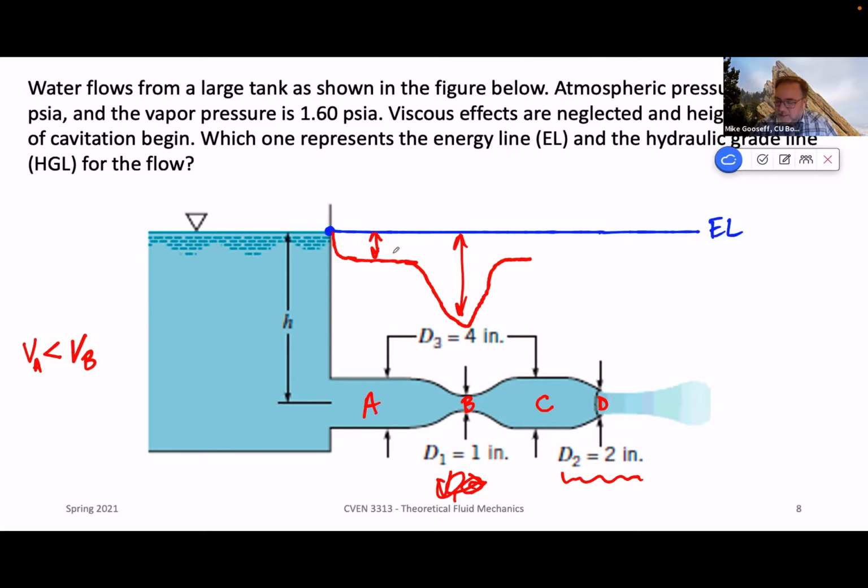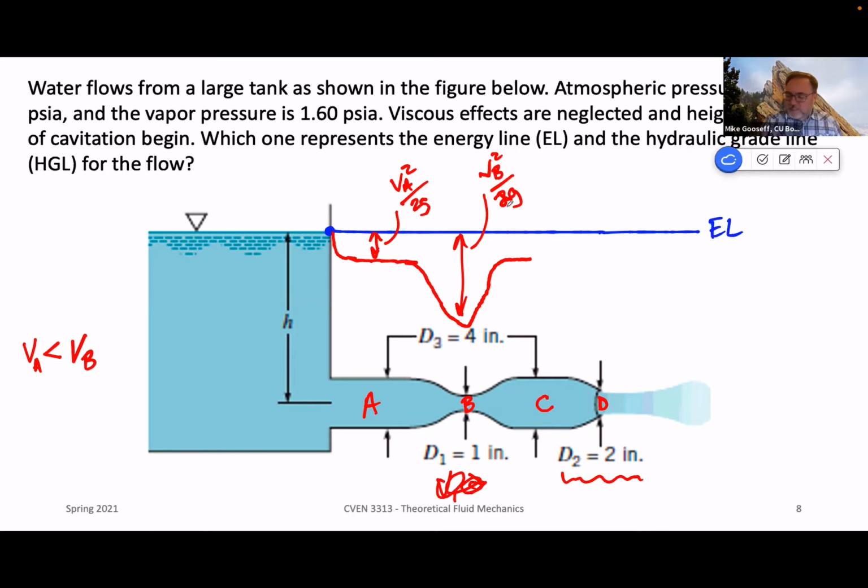It's consistent back here, this, VA squared over 2g. The middle of this constriction now is VB squared over 2g, right?